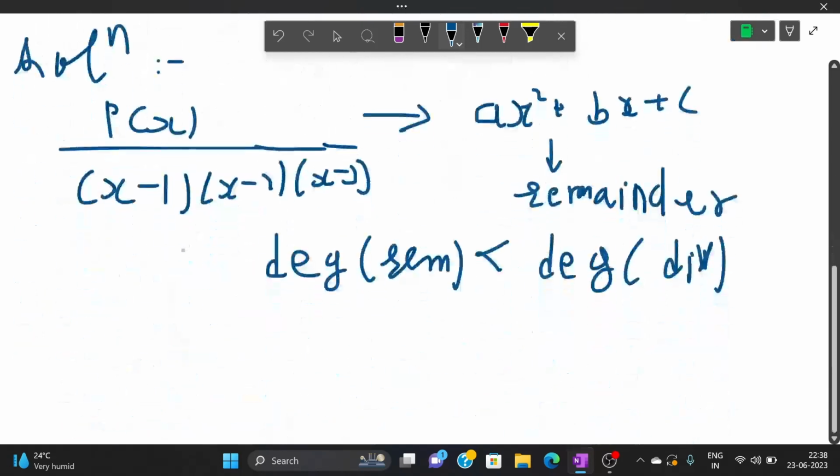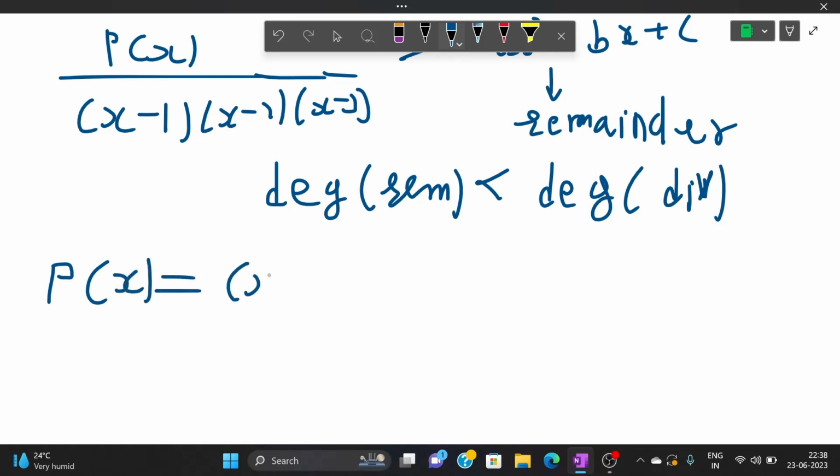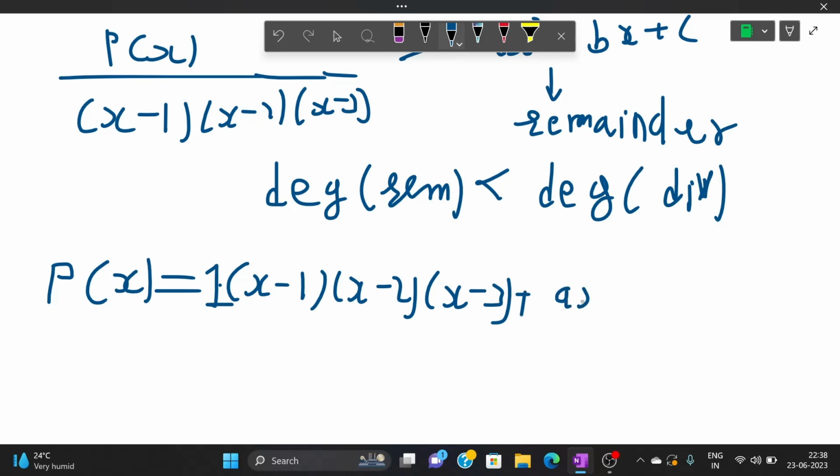So I can write P(x) equal to x minus 1 into x minus 2 into x minus 3, since it's a monic polynomial so I multiply it with a 1 here, the constant, plus the remainder that will be ax square plus bx plus c. This is the only difference it is having.